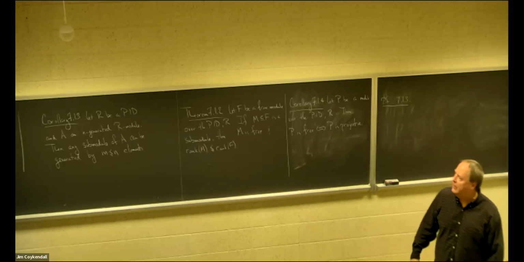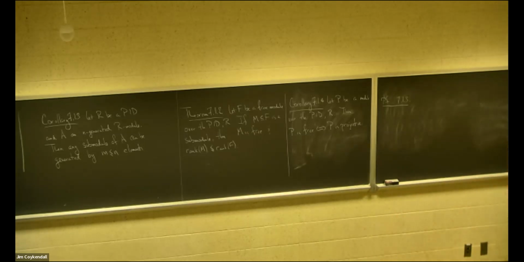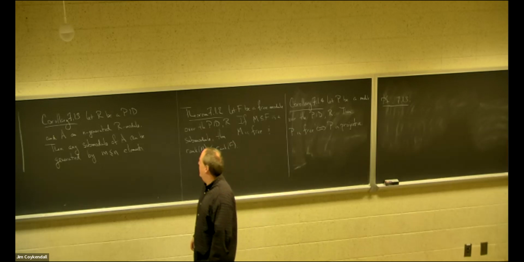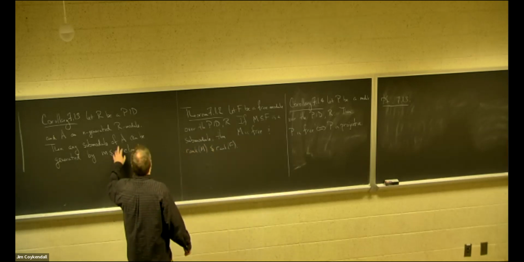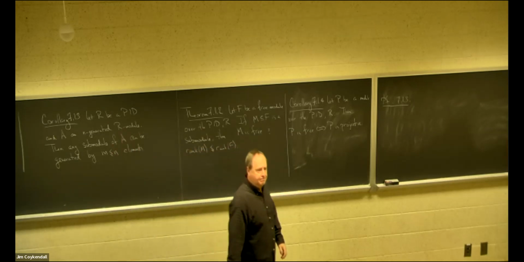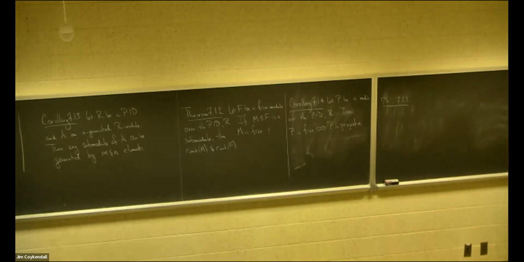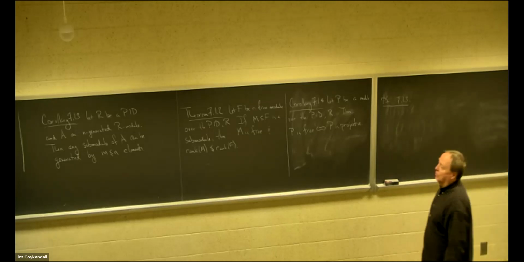I like this one because it says I've got a module over a PID and I have a submodule. Then I could generate this by m elements where m is less than or equal to n. This is really a cool result.